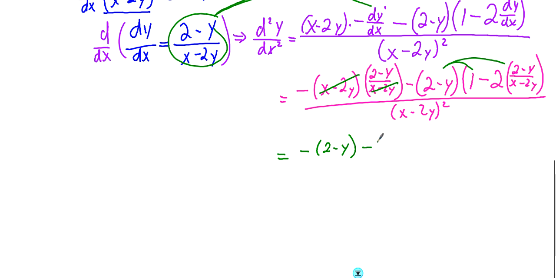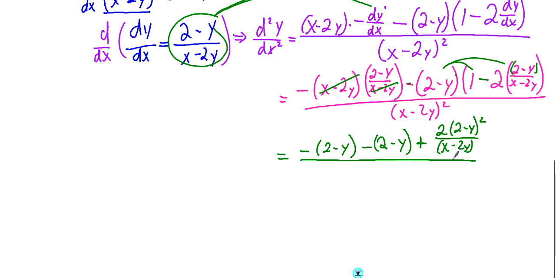So I get negative 2 minus y plus 2 and 2 minus y squared over x minus 2y on the bottom. Because this will go to the top with this one, make it squared, and I move this 2 up, and this negative times this negative gives me a positive here.